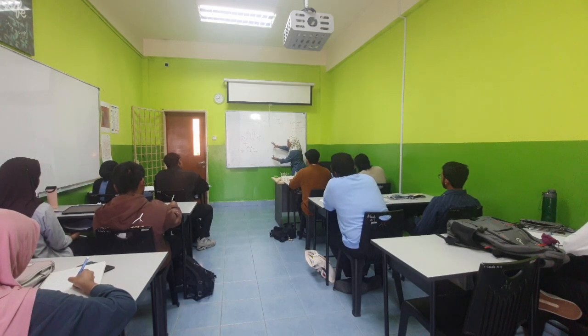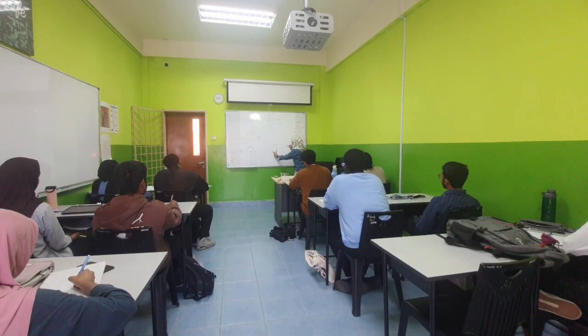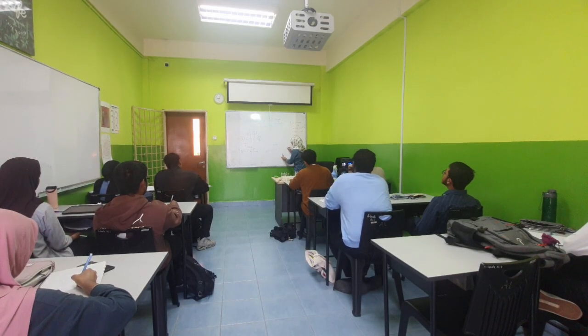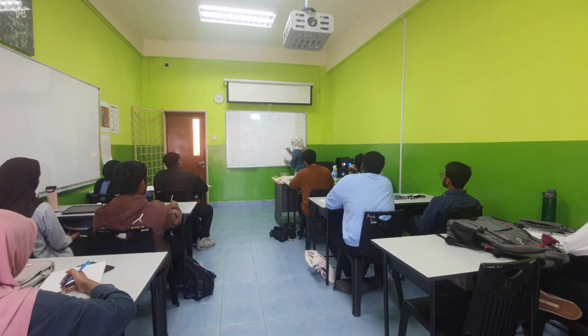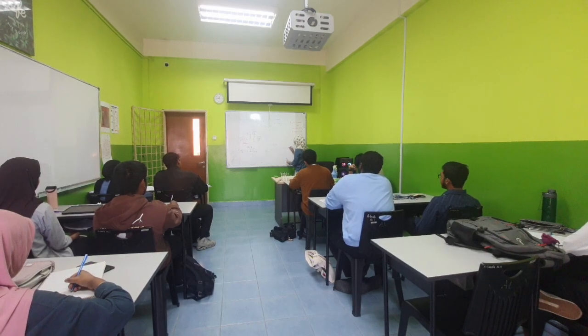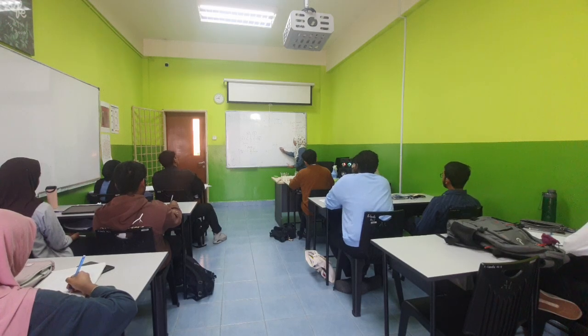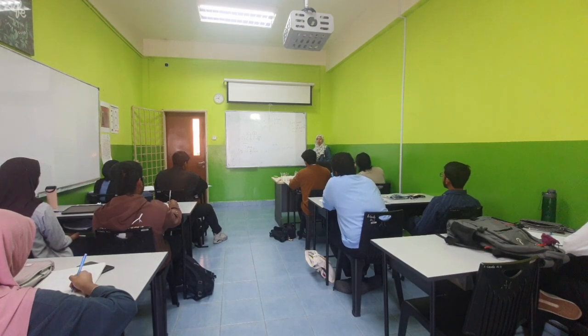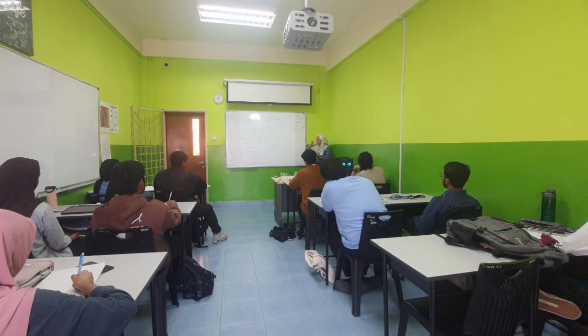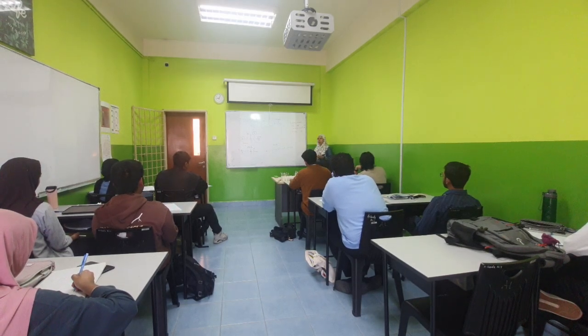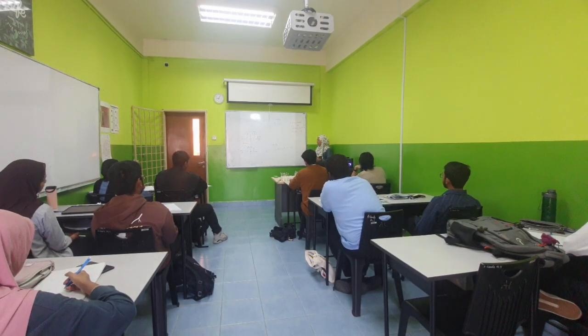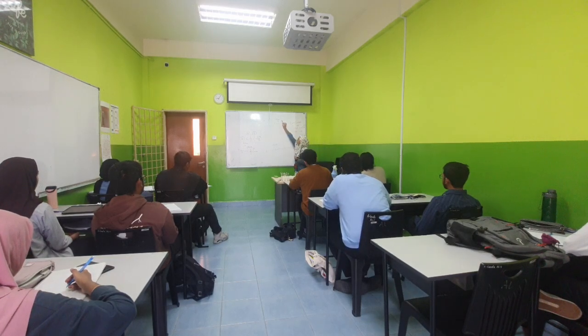Actually, you can rotate the formula. Turn it like this: C double bond O, and then I have CH2CH3 and CH3. It's the same thing actually. I just rotate the formula to give a different view so that you understand. This is the functional group of ketone.